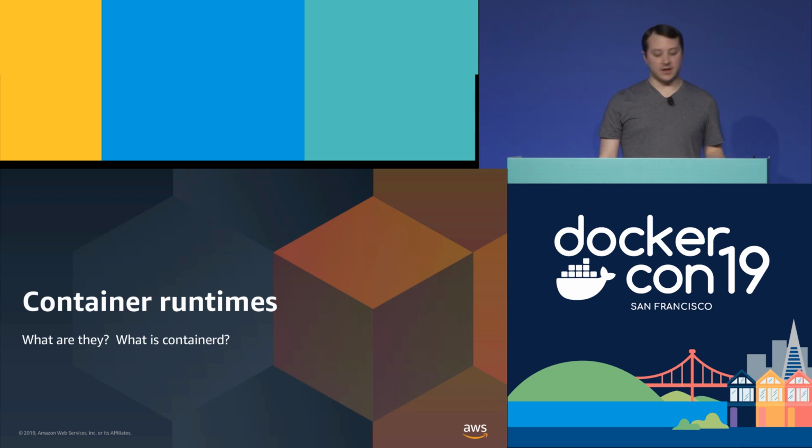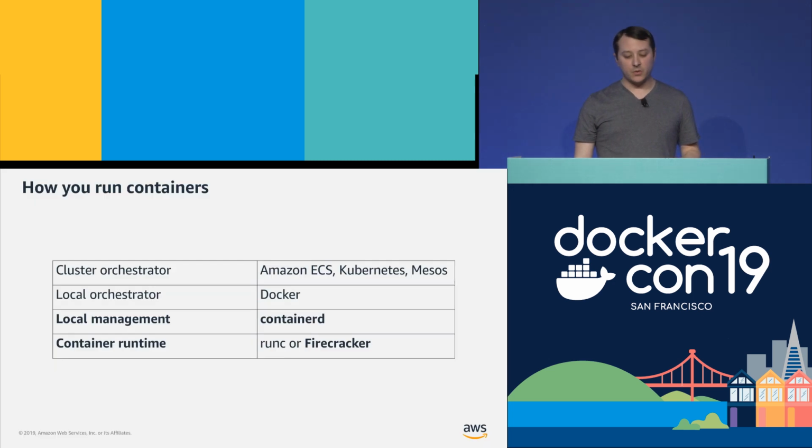So that brings us to container runtimes, or the software that hopefully makes it easy to run your workloads inside containers. When you run containers, you probably interact with a few different parts of the stack. And I've tried to break that down a little bit up here. You might interact with a cluster orchestrator like Amazon ECS or Kubernetes to coordinate containers across different hosts, handle application semantics like exposing services through load balancers, monitoring, scaling, all those things.